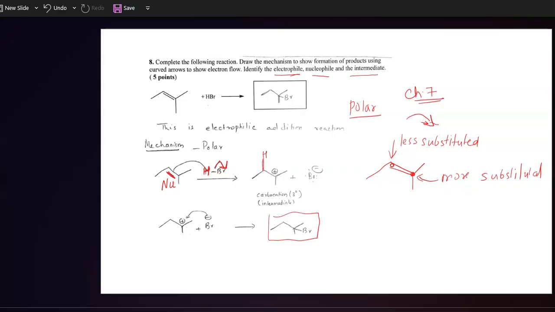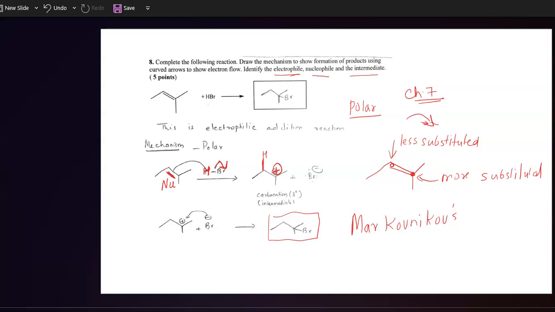That is why the hydrogen went over to this less substituted carbon atom, and we got a positive charge at the more substituted. Then the Br attacks the more substituted carbon, and you get the product. So this is Markovnikov's rule, which says that the carbocation will be formed at the more substituted carbon atom.